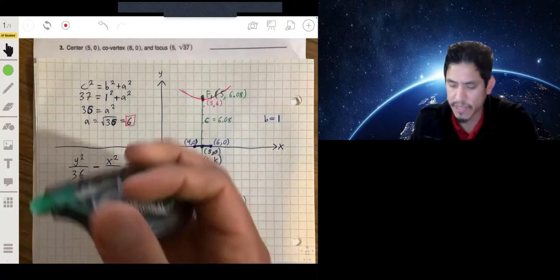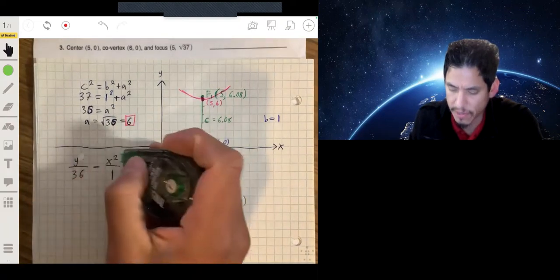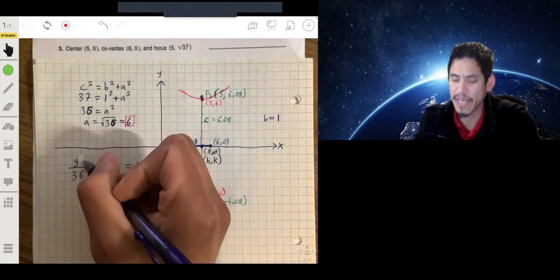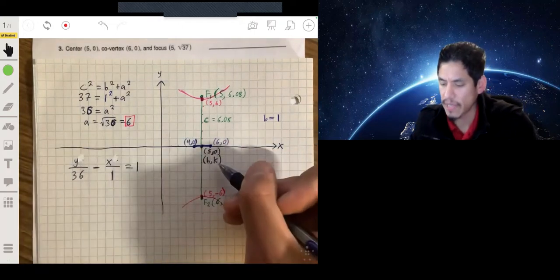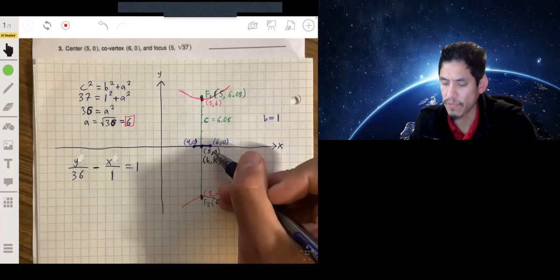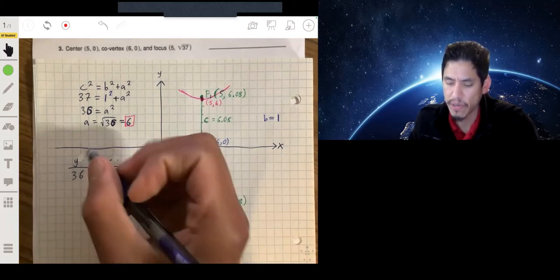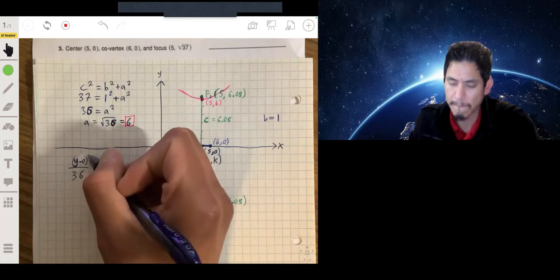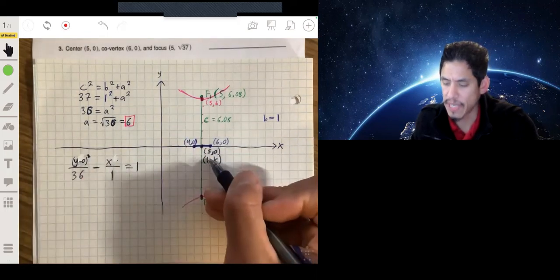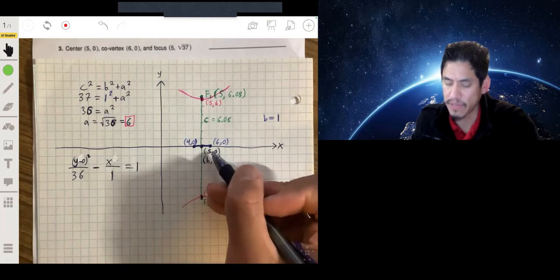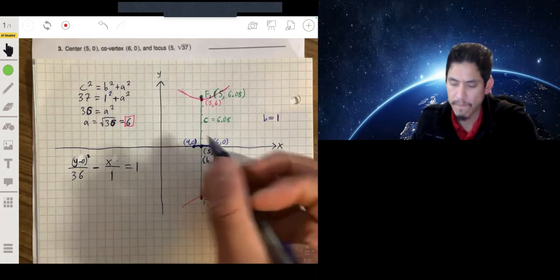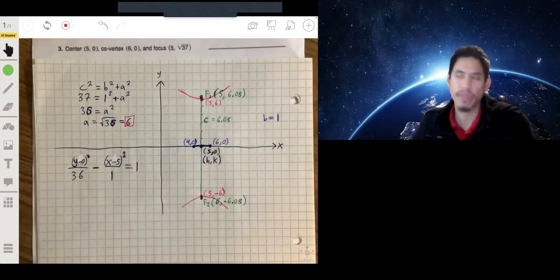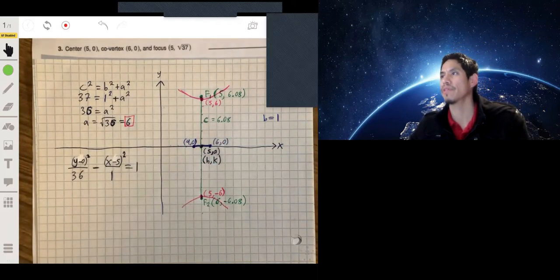So let me erase that so I don't confuse you. I should have said that earlier. Remember, y minus k squared. K is 0, so it's like y minus 0 squared, or you can just put y squared, doesn't matter. And x minus h squared, h is 5, because that's where the center's at. So x minus 5 squared. And that'll be your final equation.